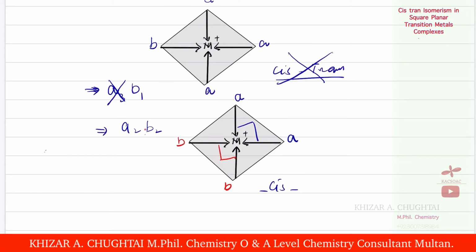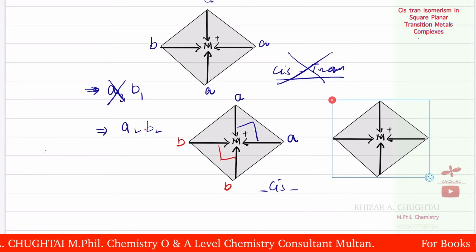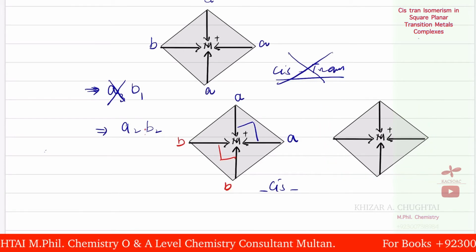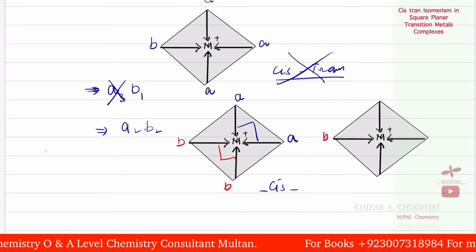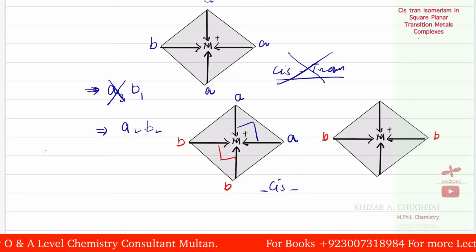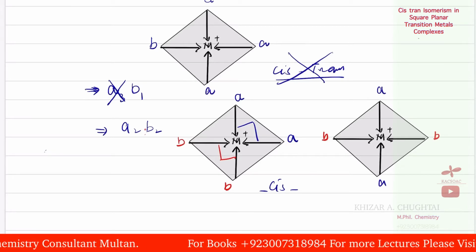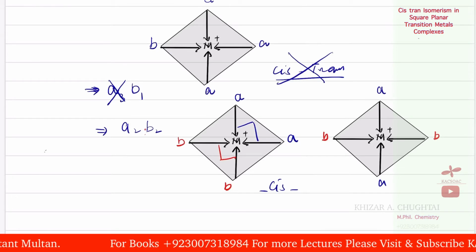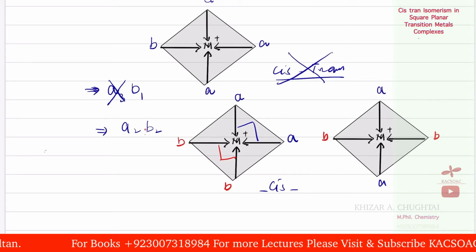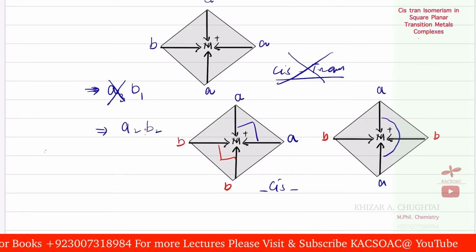Similarly, another molecule can be drawn that shows a different arrangement of the ligands. It will be B, B, and A, A. So in this shape, there are two similar ligands lying at 180 degrees to each other.